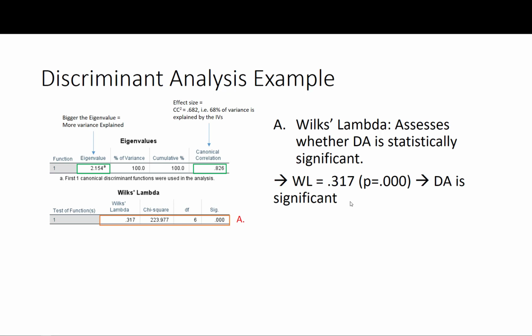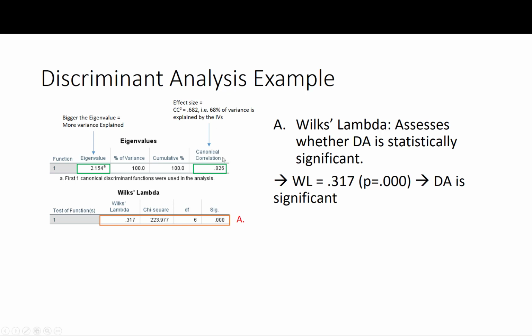Just as a side note here, you can also look at your Eigen Values and the Canonical correlation. I have no idea how to pronounce that. In terms of the Eigen Value, the bigger the Eigen Value, the more variance that is explained between your independent variables and your dependent variable.